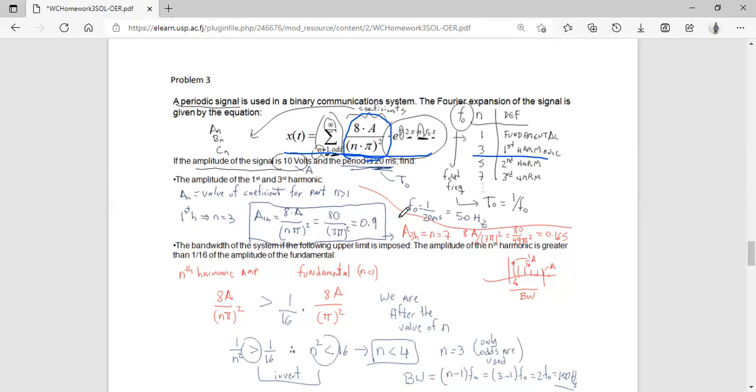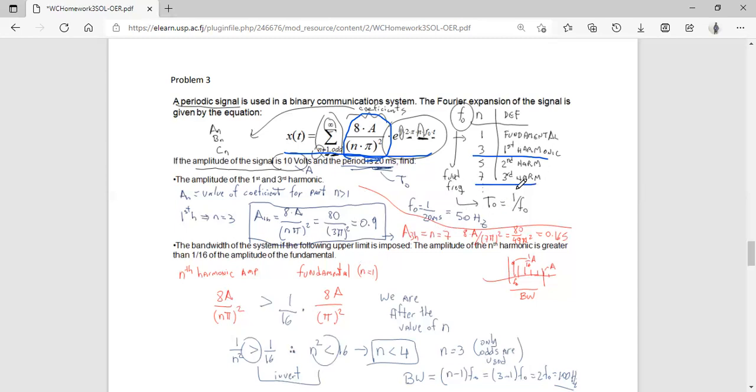In the same way you evaluate the third harmonic. This amplitude won't change, so 8 times 10 is 80 divided by, the third harmonic will occur at n equal to 7.